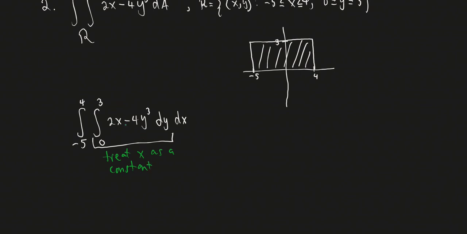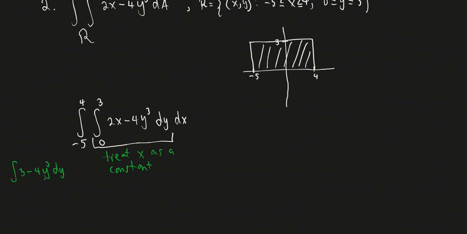Now, this constant term is different from the previous constant term because this is not a constant multiple. This is a constant separate, and then something else is being subtracted. So think about how, for instance, let me just show you this. Let's say we had to integrate 3 minus 4y cubed with respect to y.